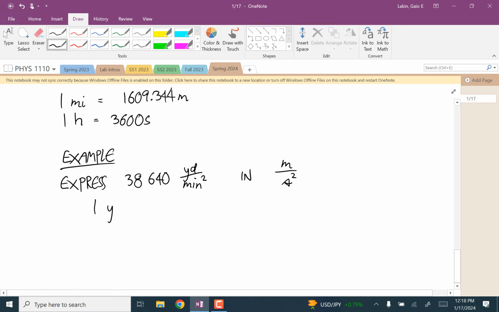We're given that 1 yard is 3 feet, 1 meter is 3.281 feet, and 1 minute is 60 seconds.